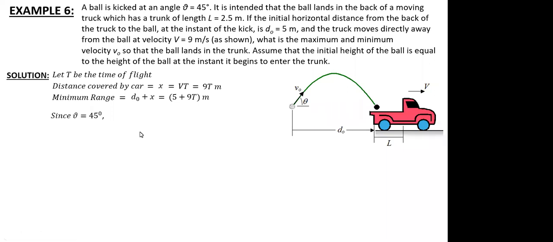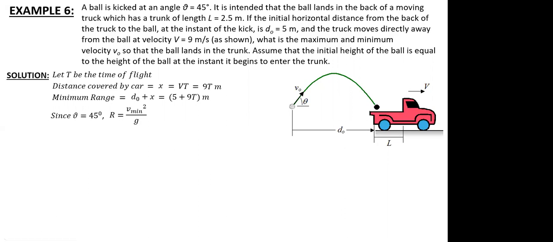So directly they have given one condition, the ball is kicked at 45 degrees. And we know that whenever the angle is 45 degrees, the range formula is given as U square by G. Now since they have used velocity V naught, that V naught I am just assuming as V minimum, the velocity when it will hit the first end of the trunk.